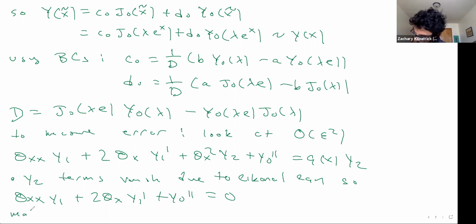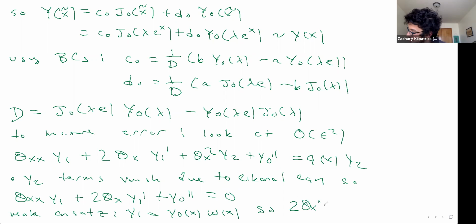We're going to make an ansatz for y1, that y1 is equal to y0 of x times w of x, where we don't know w of x. That means that 2 theta_x y0 w prime plus y0 prime prime is equal to 0. Then we can get w just by integrating.